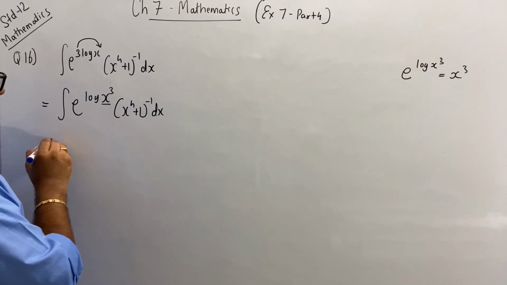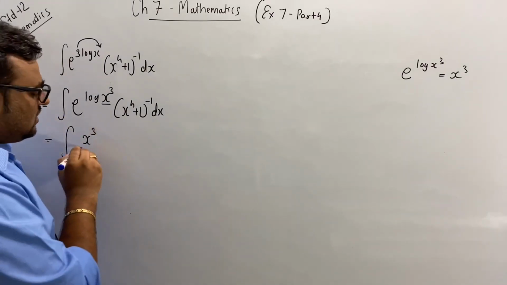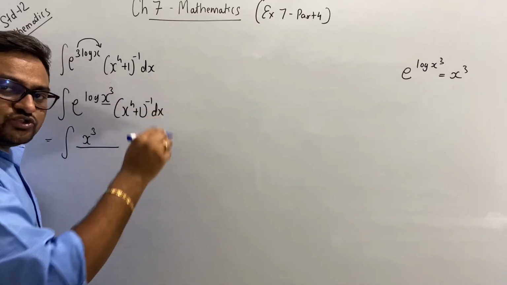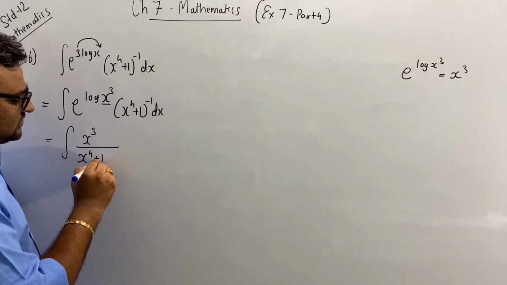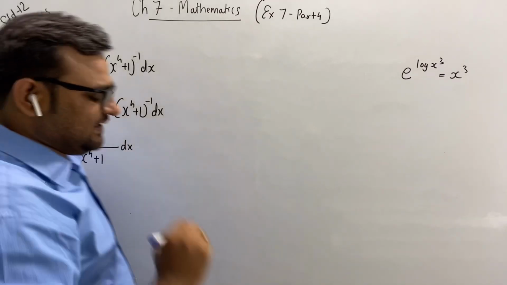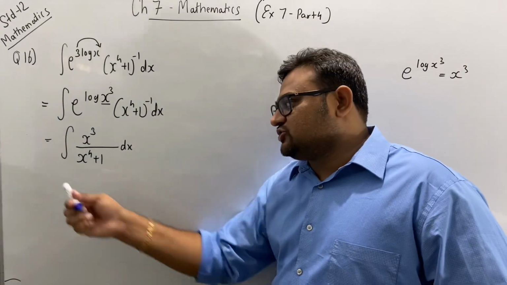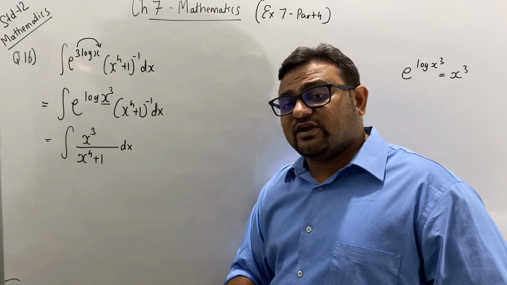So this will be equal to x cube upon, now see, it's minus 1, so when it goes to the denominator, the power will be plus 1: x raised to 4 plus 1 dx. See, now it's very simple. When you assume x raised to 4 plus 1 as t, what will be its derivative?